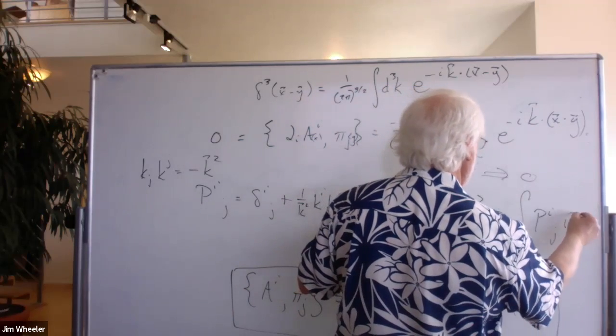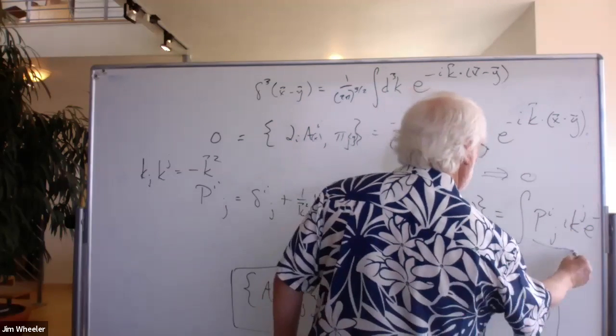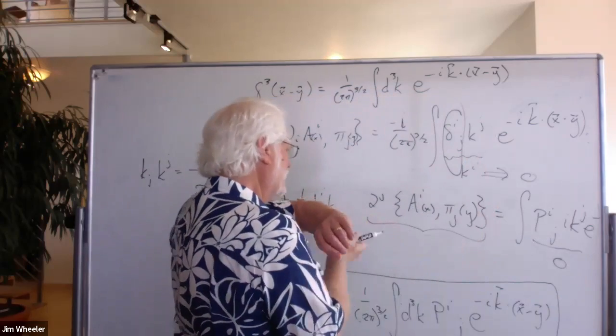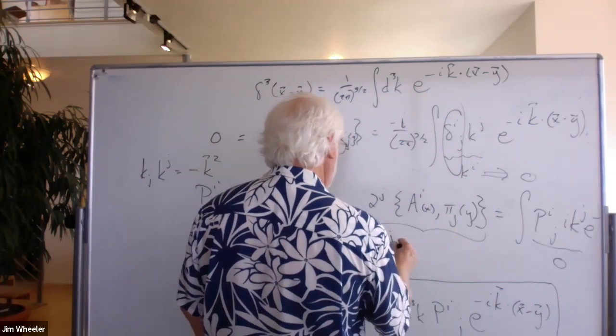It's going to pull down an i k_j times the exponential. Well, that is still 0. So we have to have some condition here on a derivative of pi_j, and what is it?